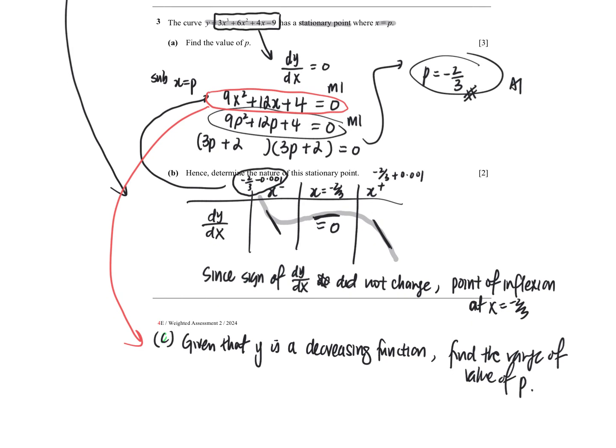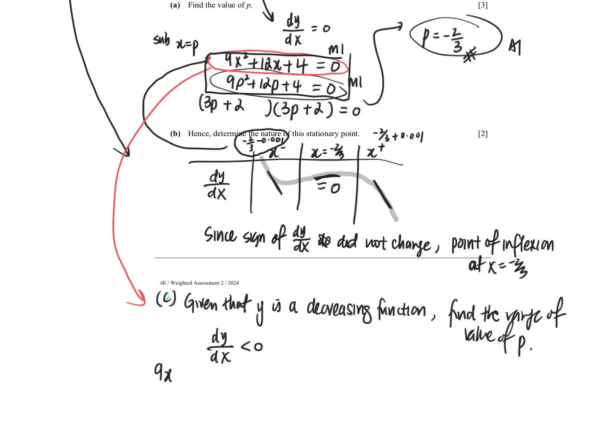So it means dy/dx is less than 0. So I'm asking you to go and solve for this. So what's the range?